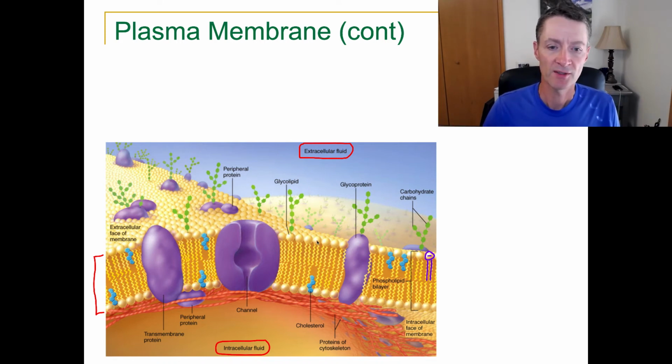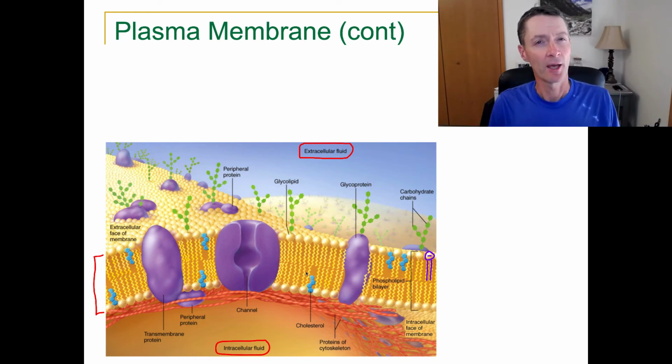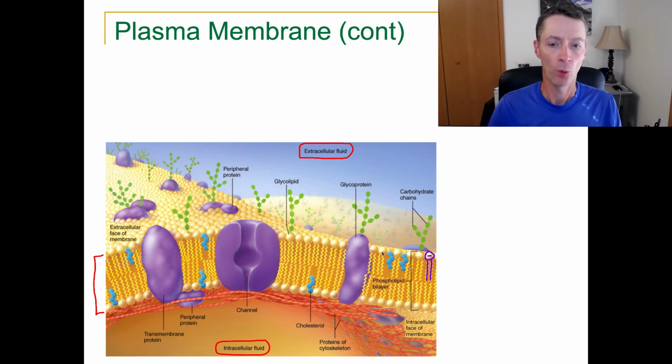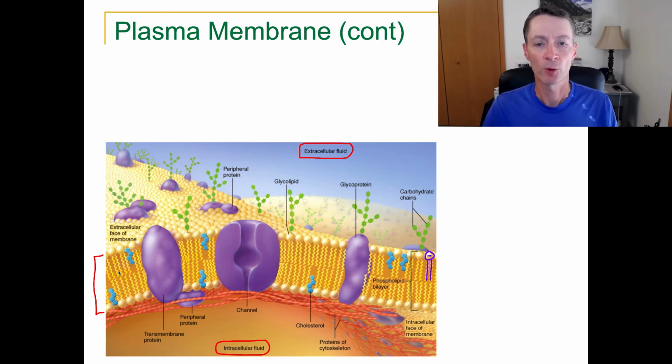Well, in this case, that's exactly what we see. We see a phospholipid bilayer, double layer, making up basically an oil boundary between the inside and the outside. Why do I say oil boundary? Remember, these fatty acids are hydrophobic, right?